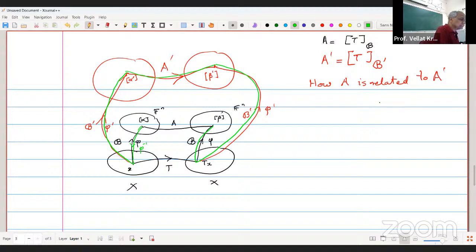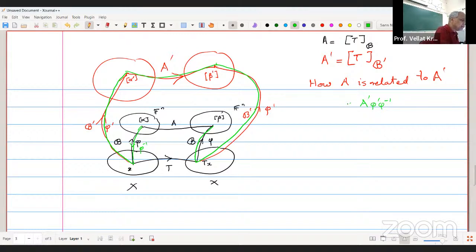So phi inverse is the first thing that operates on this. You are here at x, and then from there you work with phi prime. And then you have A prime. So you have reached here. And then you apply what?